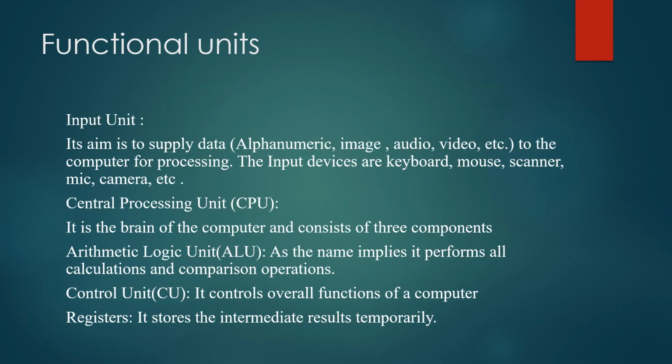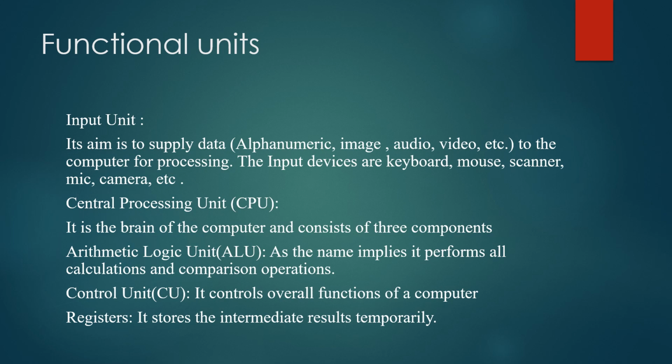Let us begin with the input unit. The input unit is needed to input the data. Take the example of a keyboard. If you are typing any digit or character, the command or data is provided to the computer, converted into binary, because the computer deals with binary numbers.